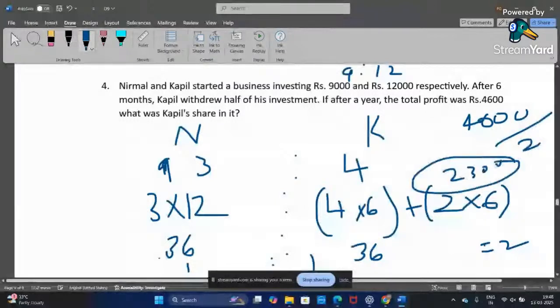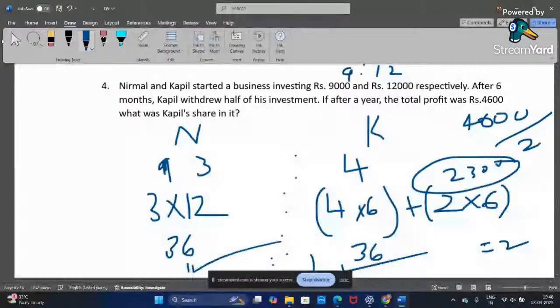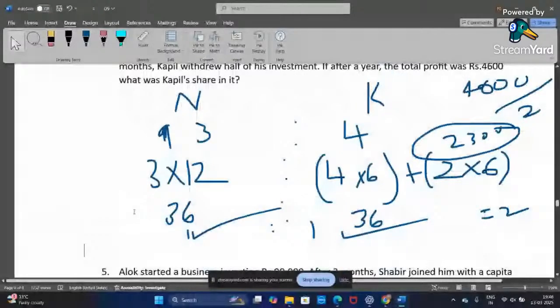That means Kapil's share is 2,300, and Nirmal's share is also 2,300. When we add these two, we'll get 4,600. This is how we get the clarified answer. Both are getting the same share because the ratios are the same.